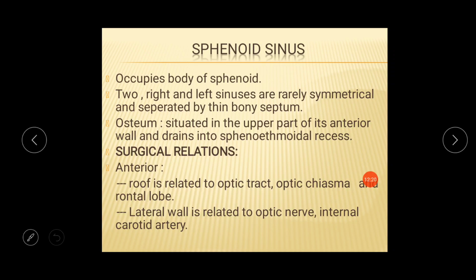Relations of the sphenoid sinus: anteriorly, the roof is related to the optic tract, optic chiasma and frontal lobe, and the lateral wall is related to the optic nerve and internal carotid artery.